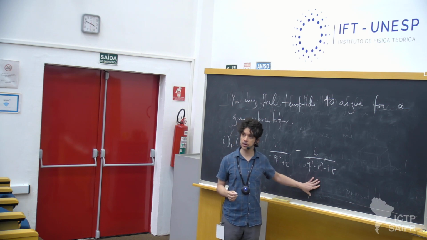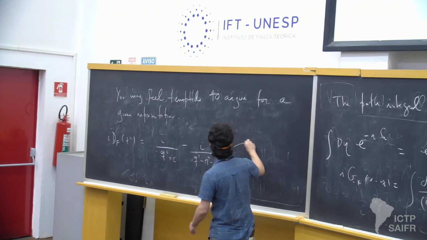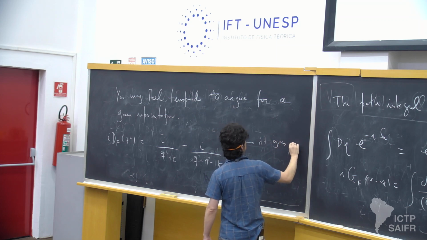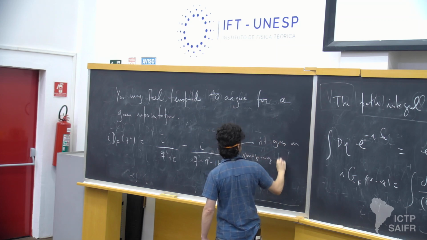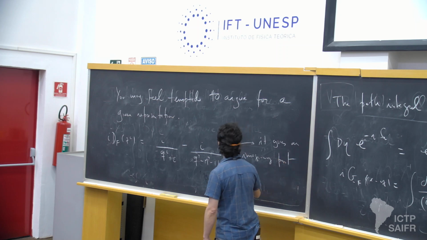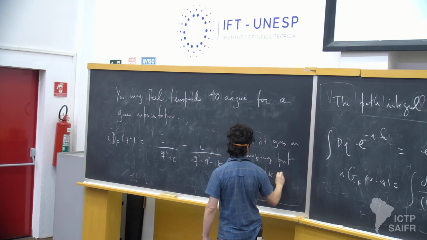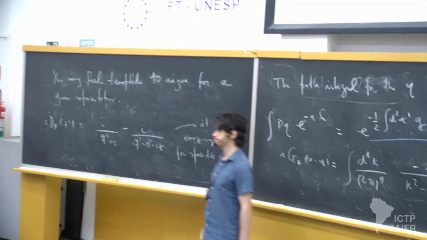But this form cannot be right. It violates a lot of stuff. For instance, it gives an imaginary part for space-like Q square, which is bad, right?